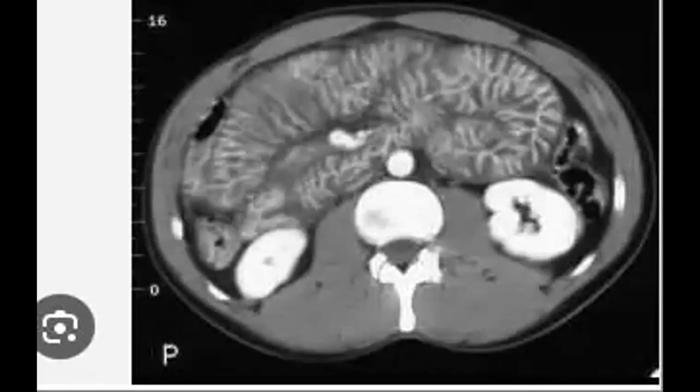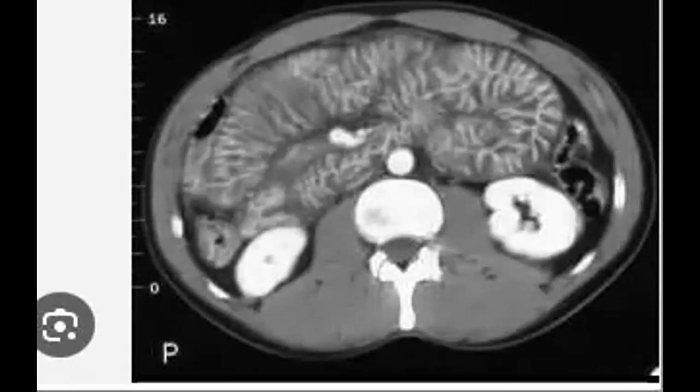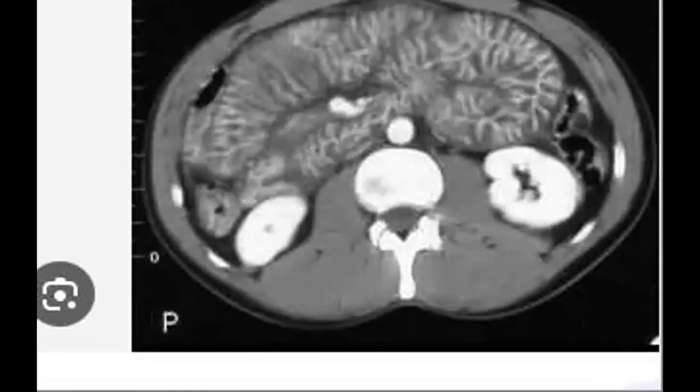Plus, if you find the flattened IVC as you see here, and also if you go more up, you check the adrenal gland, you can find that the adrenal gland is usually hyper enhancing.